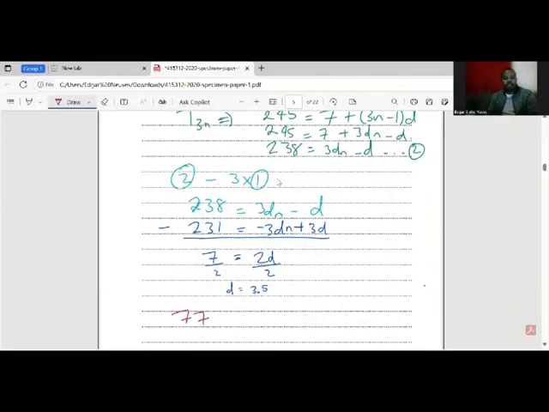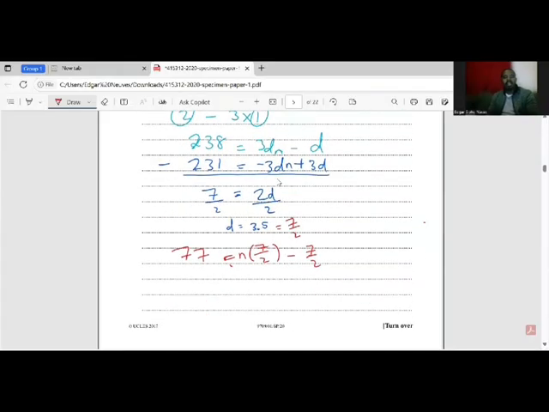Equation 1 is 77 equals nd. We now know that d is 7 over 2. Can write it as 7 over 2. And then minus 7 over 2 because d is 7 over 2. Let me simplify. I'm going to add 7 over 2 on both sides. So take the minus 7 over 2 to the other side.